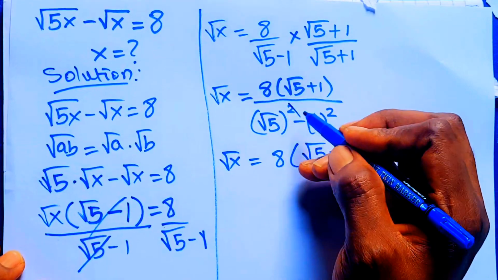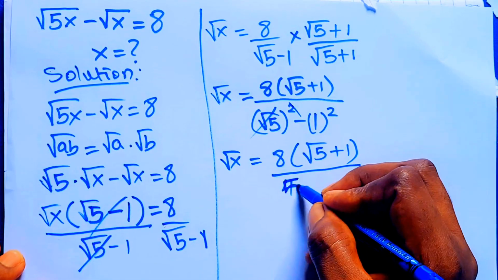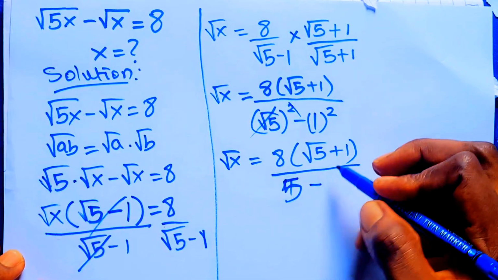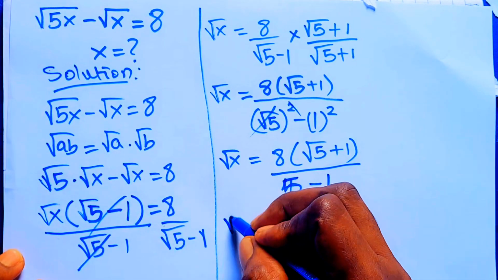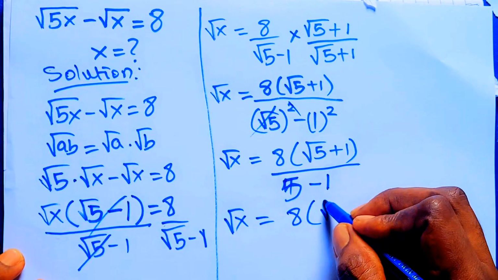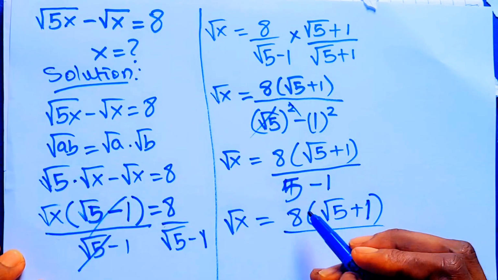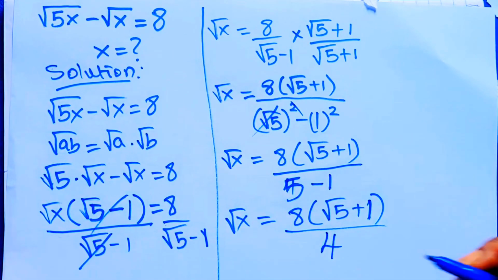Now from here, this square will cancel out this square root, and we'll have 5 minus this 1 squared is 1. So we'll have square root of x, and this equals 8, open parenthesis, square root of 5 plus 1, and this will be divided by 5 minus 1 equals 4, okay?